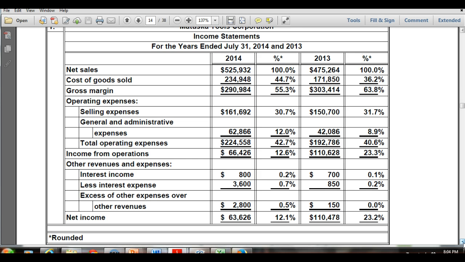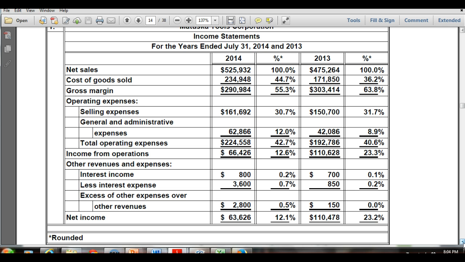Yes. So the key here, and this is a significant key, if you look at net income to net sales, do you see net income of 110,478, divided by 475,264 is 23.2%?